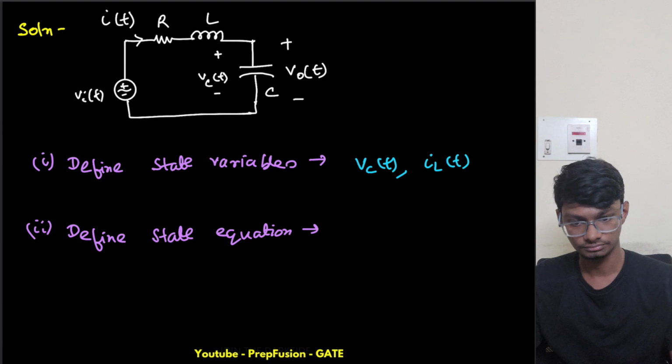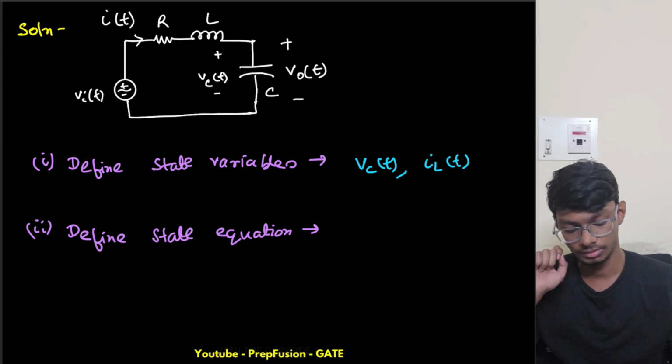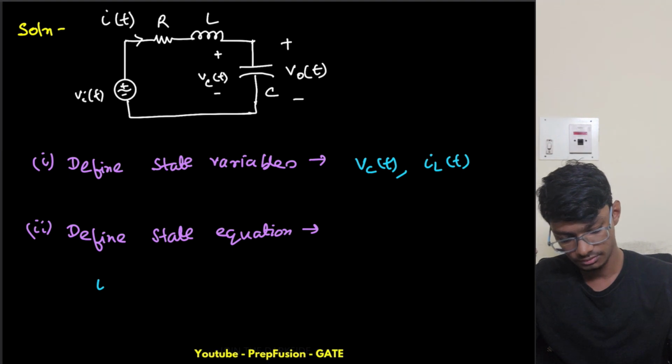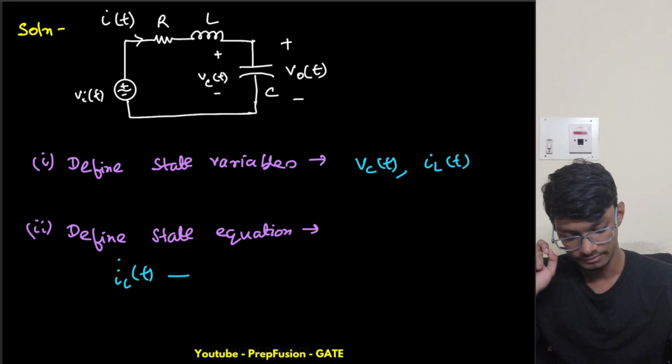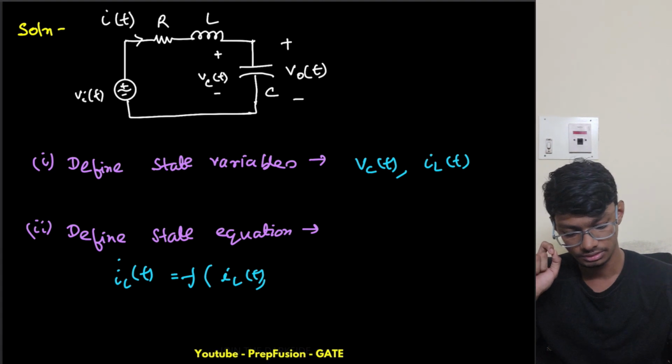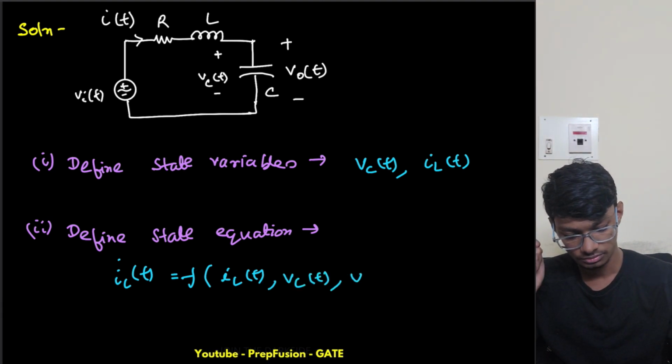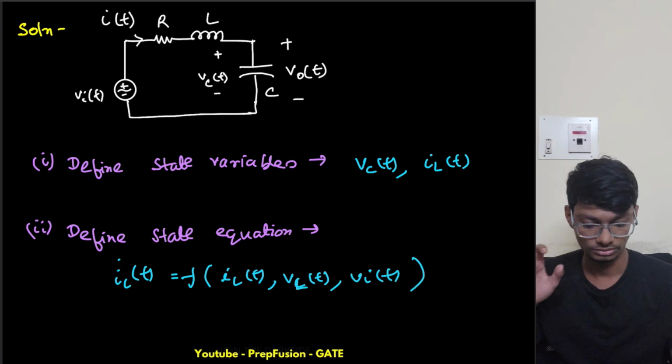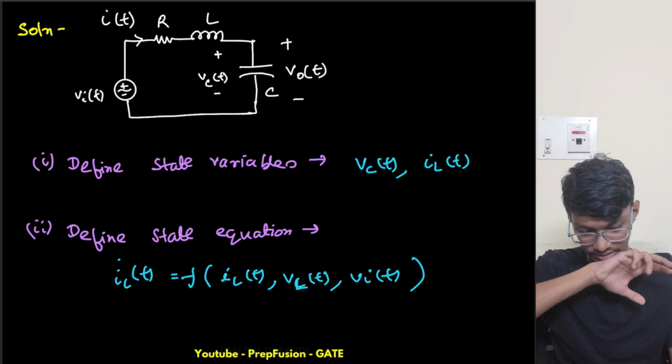Define state equation. So what will be my state equation? I have to find IL dot of t as a function of IL of t itself, then Vc of t and also Vi of t. These three values I have to find.